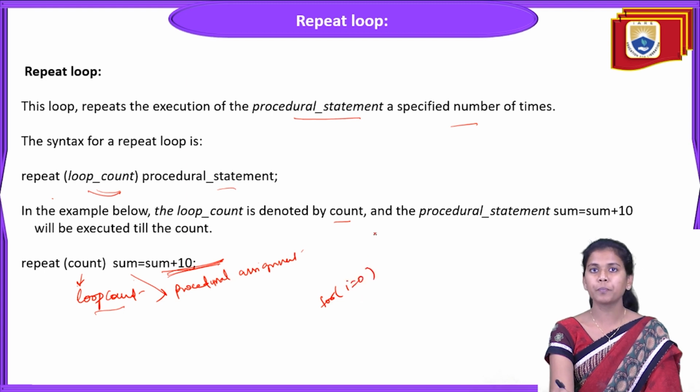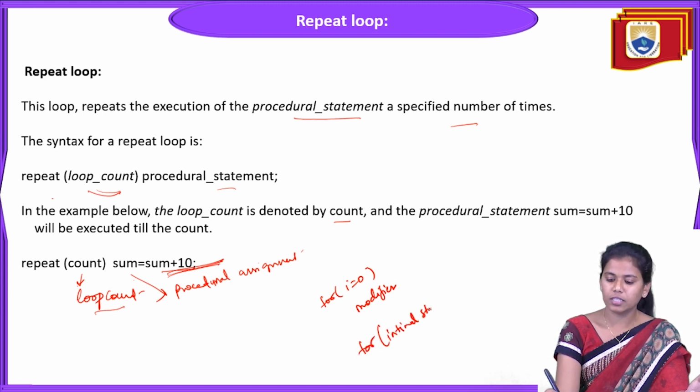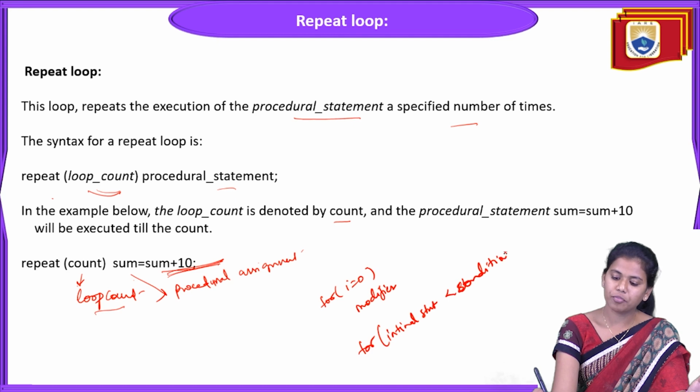Values are dumped onto the variable, and the values can be modified, incremented or decremented. We call these the initial statement, followed by the condition and followed by the expression statement.